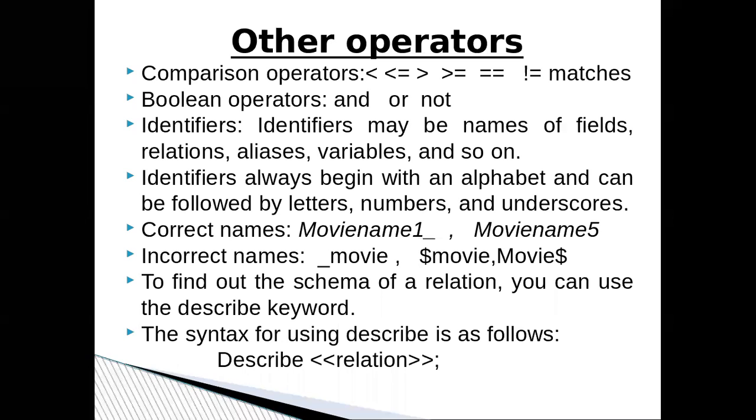So identifier, like in any other language, also in Pig, begins with an alphabet and can be followed by letters, numbers, and underscores. For example, the correct identifier name would be the one that is written there, and the incorrect is there. You cannot begin an identifier in Pig with an underscore or with any other character. It must begin with an alphabet, and it can have letters, numbers, and underscores only in its name.